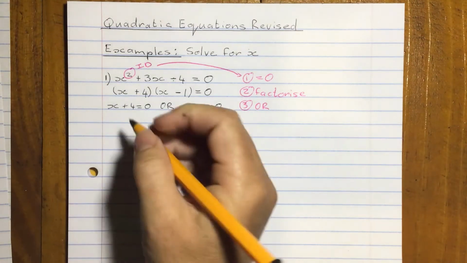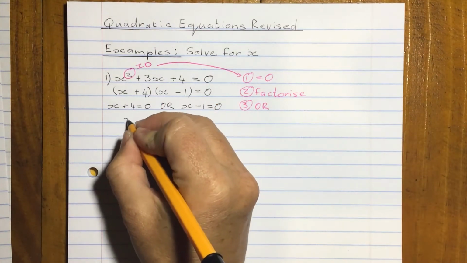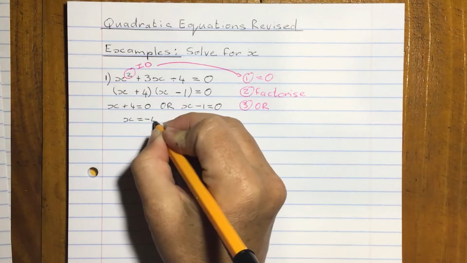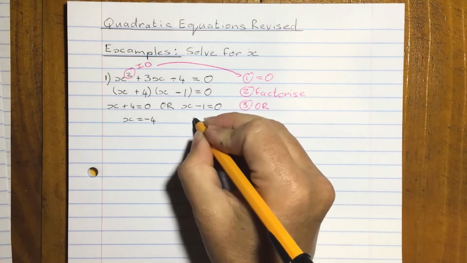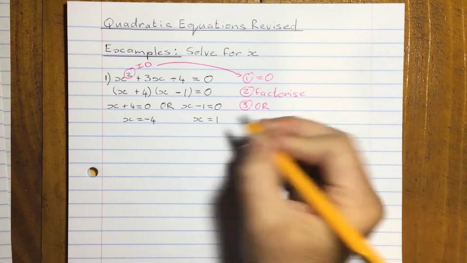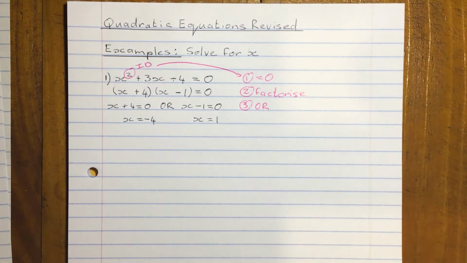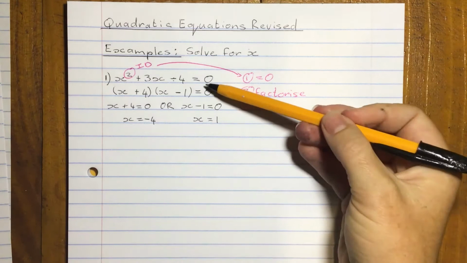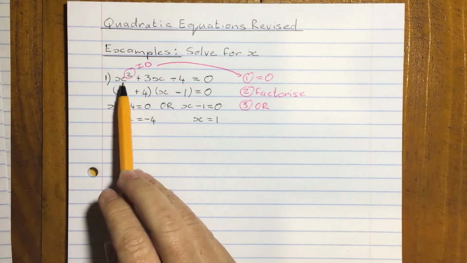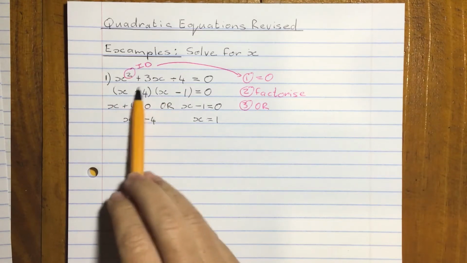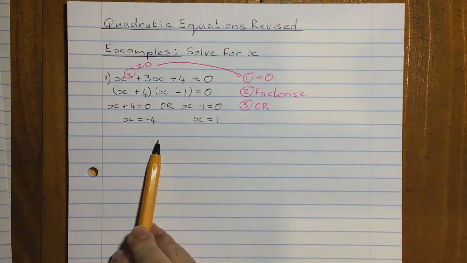And then you solve for x like you did in grade 8. So you're going to subtract 4 from each side, which gives you x is equal to negative 4. And in this one, you will add 1 to both sides. And so x is equal to 1. If you really want to, you can skip this step and look at your brackets individually as to what x needs to be to make that bracket 0.